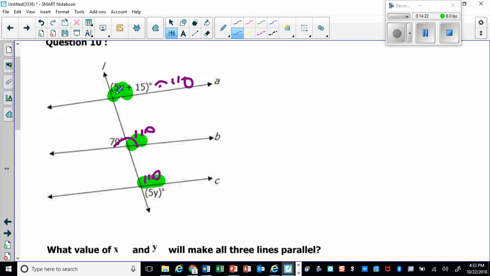So to solve for X, you do 5X plus 15 equals 110. To solve for Y, knowing this is 110, you know this is going to be 70. So you can say, oh, 5Y has to equal 70. And then you solve for X and Y. Okay? So the corresponding angles make it easy.